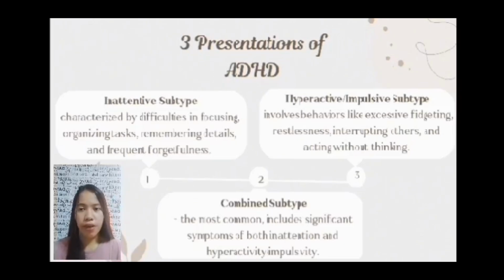Both types of behaviors are present. So it is the most common subtype po. It includes significant symptoms of both inattention and hyperactivity or impulsivity. So in this type of ADHD, it is present ang characteristics sa inattentive o sa hyperactive subtype.